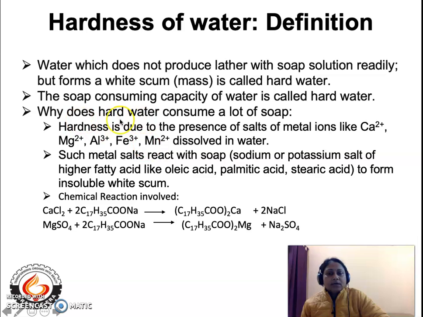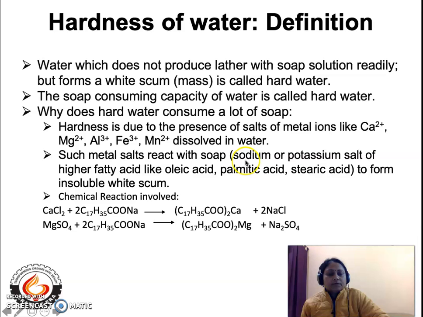Now let us see why the hard water is consuming a lot of soap. If the hard water is containing these metal ions or the salts of these metal ions, then such metal salts react with the soap. Now what is soap? Soap is nothing but the sodium or the potassium salt of oleic acid, palmitic acid, stearic acid. Now all these are higher fatty acids.